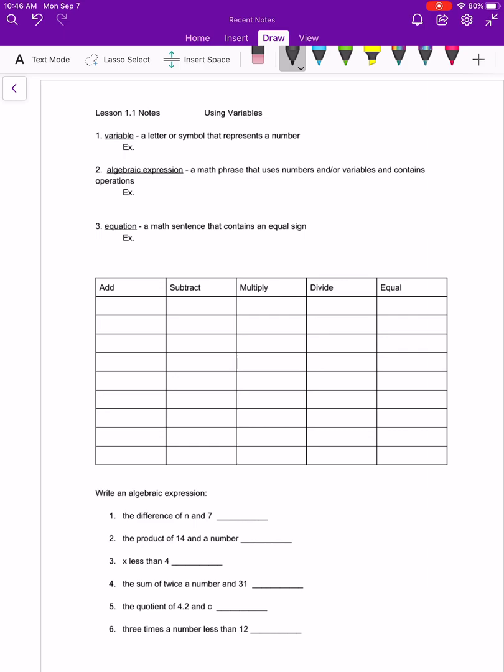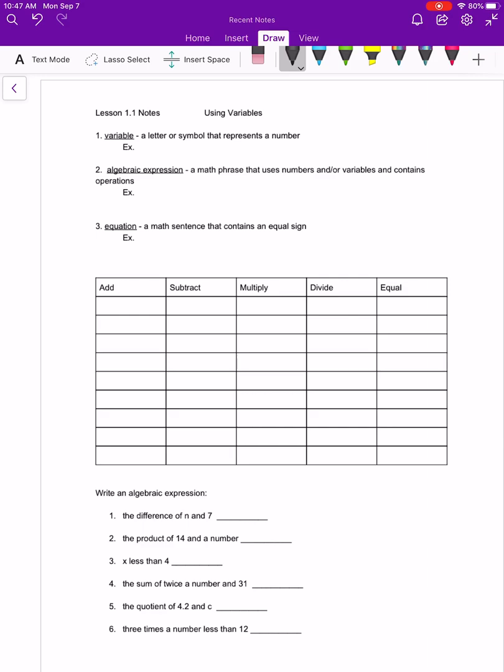And what I'm doing is, this is the foundation of algebra. Everything that we're going to do this year is based kind of on this first chapter and things that you need to know. And if you didn't already know, algebra is kind of the basis of all the math from here on out. Whether you take geometry or algebra 2 or calculus, all of those math disciplines have algebra embedded in them.